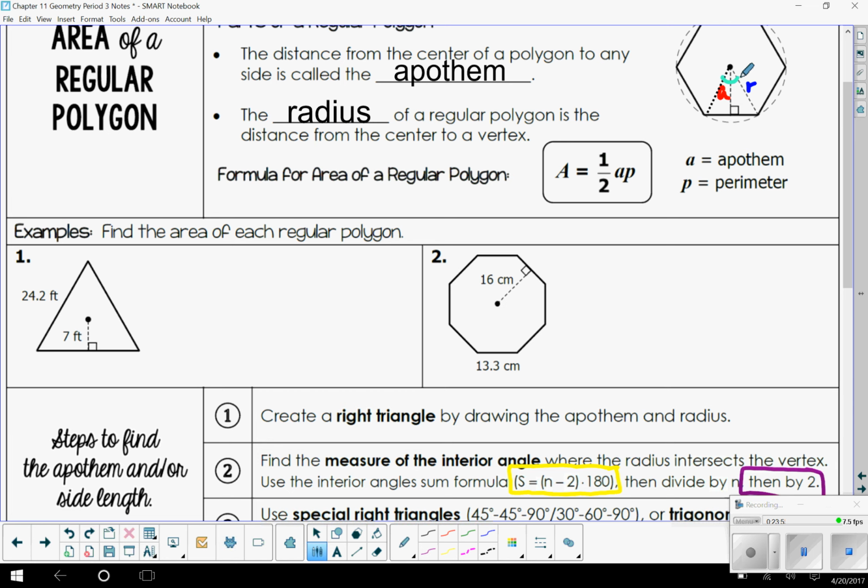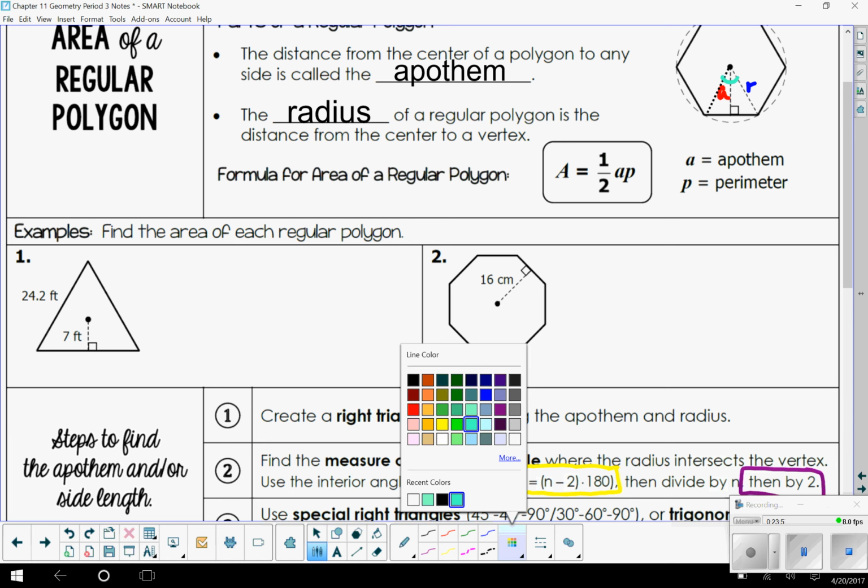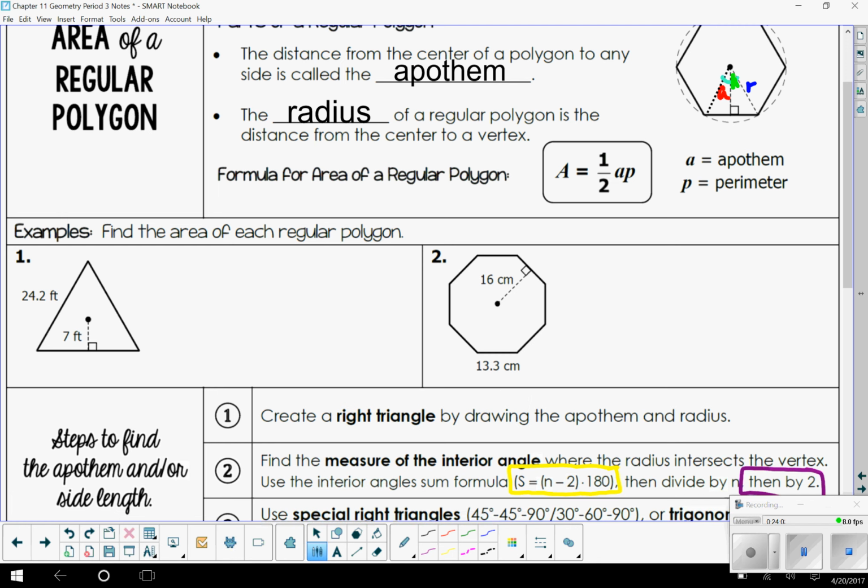By dividing by 2, you're getting that angle. So the sum of the interior angles, n minus 2 times 180, is this entire angle. When you divide it by 2, you're just getting half of the triangle. And that you have to do every single time. Okay? And it's literally a quick step. It's really, really, truly not very difficult.